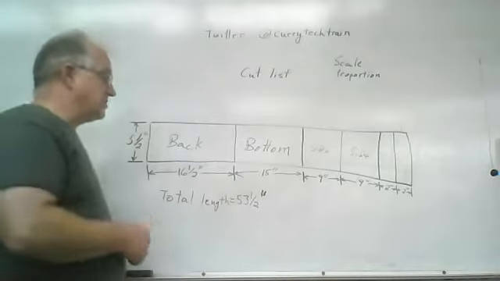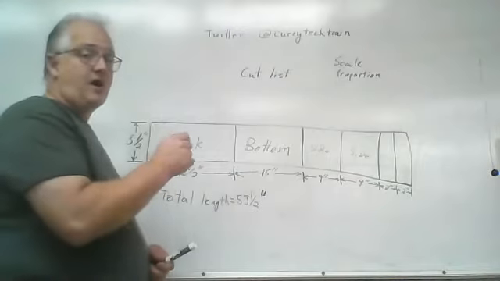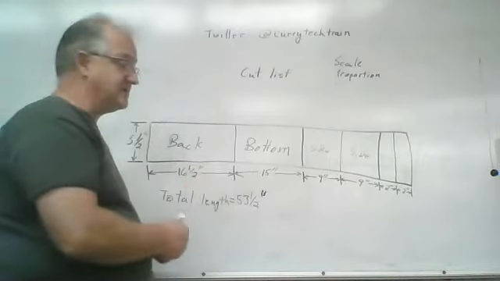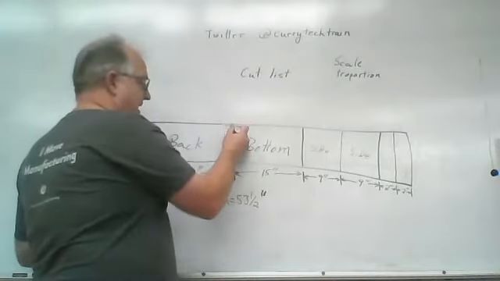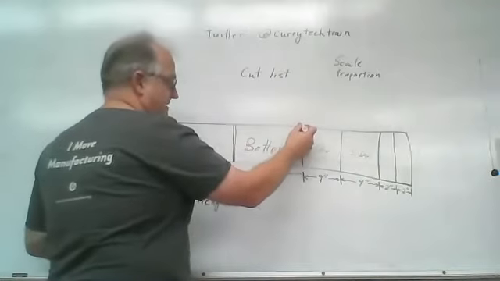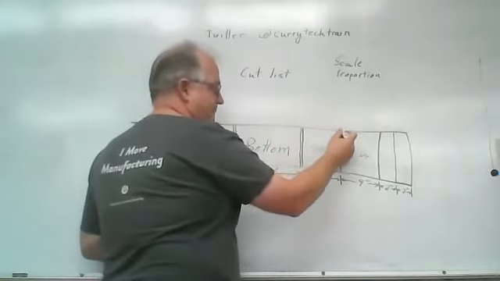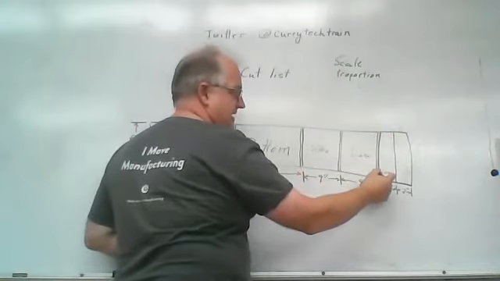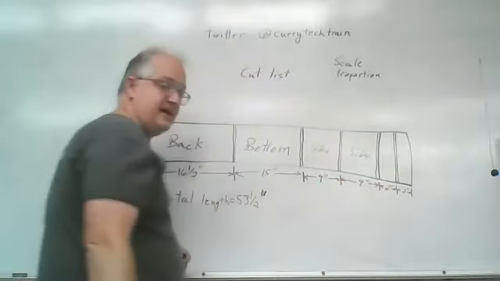So in the case of this, I'm going to say the thickness of the material that we're removing with each saw cut is 1/16 of an inch. So what that means is you're really going to have a space in between each of these. You've got to allow for that. When you're figuring out your total length and your cut list, you've got to allow for that space.